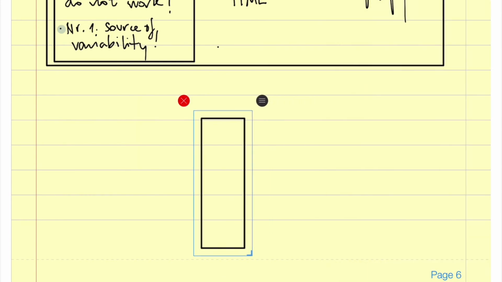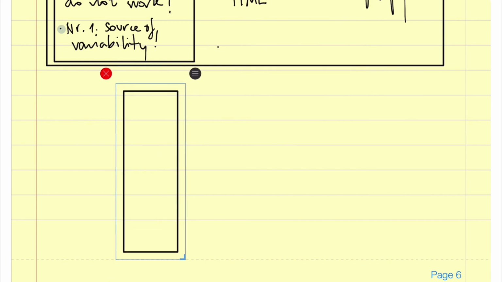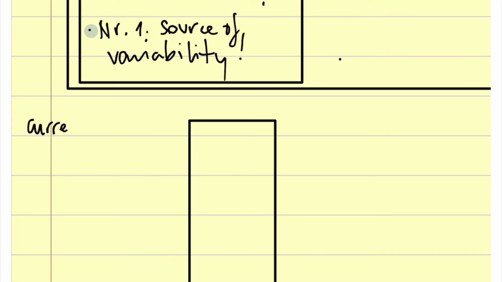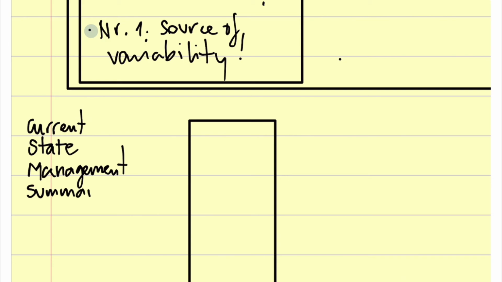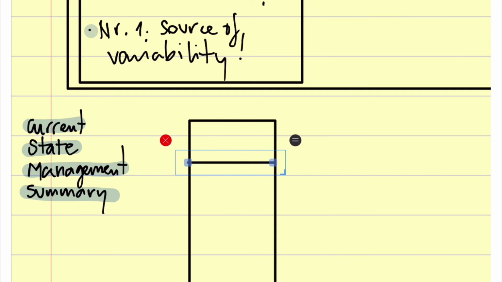And this is what is expected from you as supplier managers, that after doing all this analysis, you prepare a current state management summary. Okay.